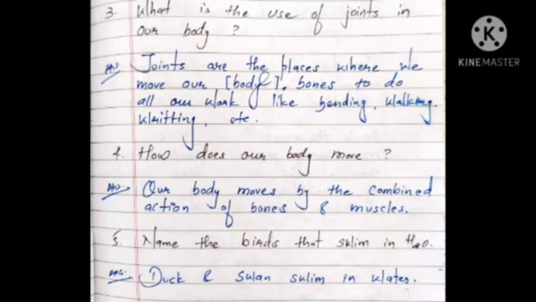And the answer is, joints are the place where we move our bones to do all our work like bending, walking, writing, etc. Fourth question is, how does our body move? And the answer is, our body moves by the combined action of bones and muscles. Fifth question is, name the birds that swim in water, and the answer is, duck and swan swim in water.